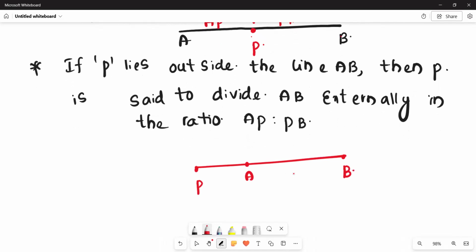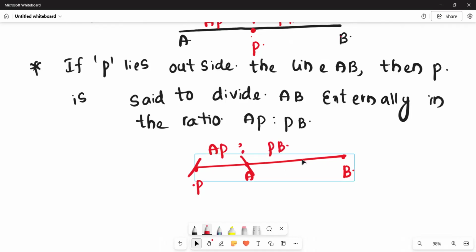And as we are taking the point outside of my particular line AB, it divides the line in the ratio AP is to PB, the same ratio as in the previous case, but externally.